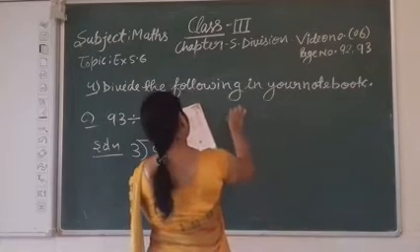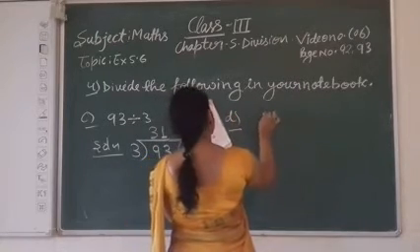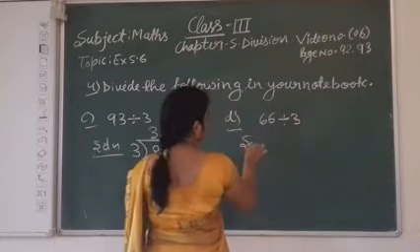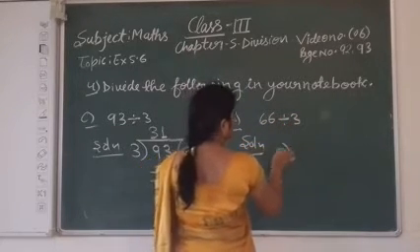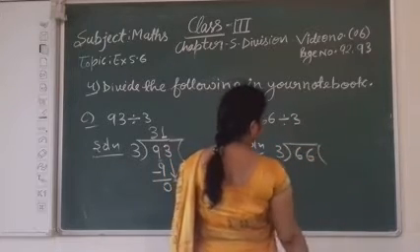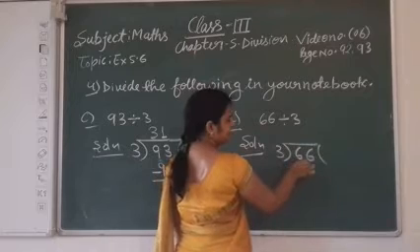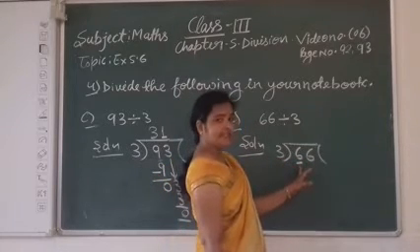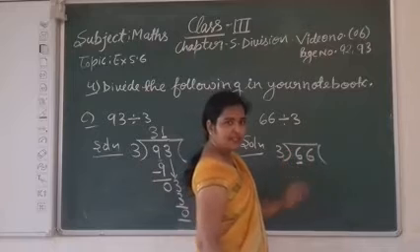D part is 66 divided by 3. So first you divide the first digit 6 by 3. How many times does 3 go into 6? 2 times. 3 2s are 6.